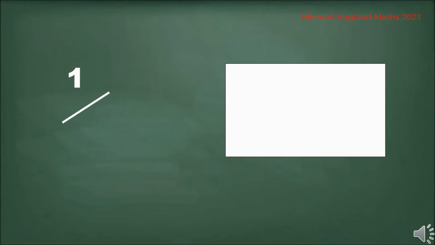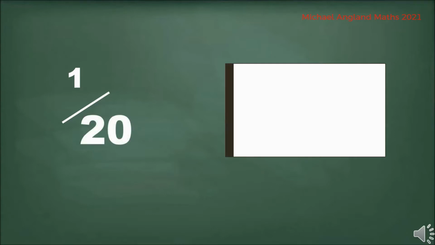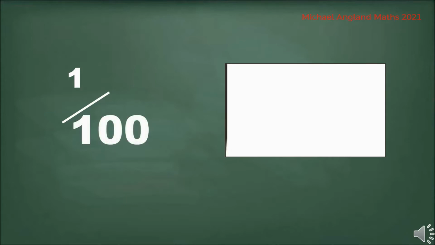So we'll start with 1/20, and then 1/50, then 1/100, then 1/1000. And we can see at the point of 1/1000 that we end up with what essentially looks like an empty rectangle, because the fraction is so small. This is what happens once the denominator blows up.